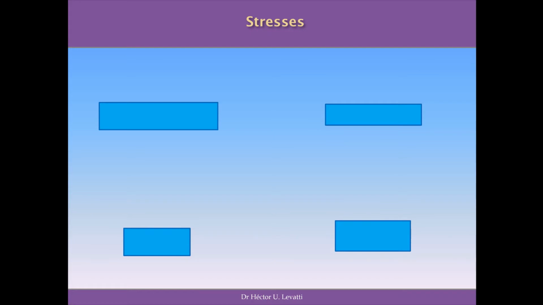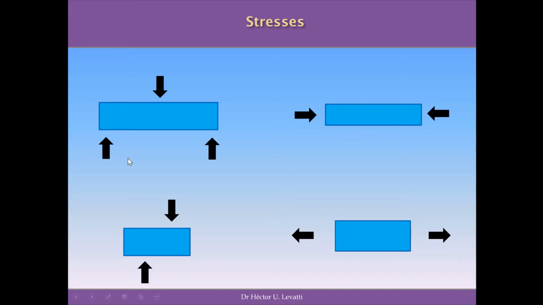There are different types of stresses depending on different situations in terms of how the loads act on the structure. And basically, what we have to study in this introduction to structures are 4 different cases. So we have 4 structures.